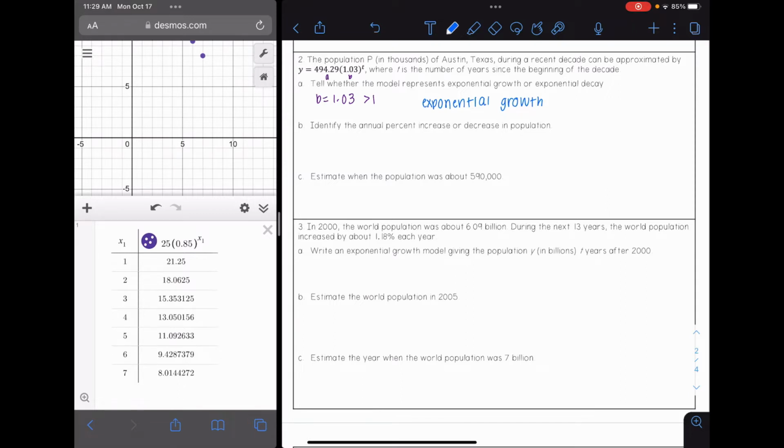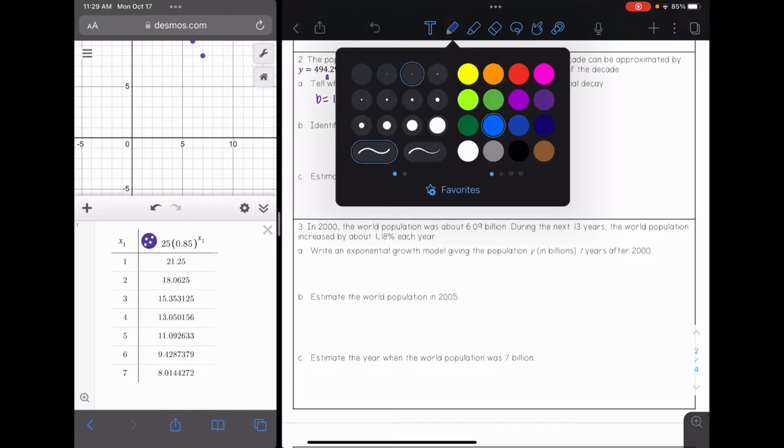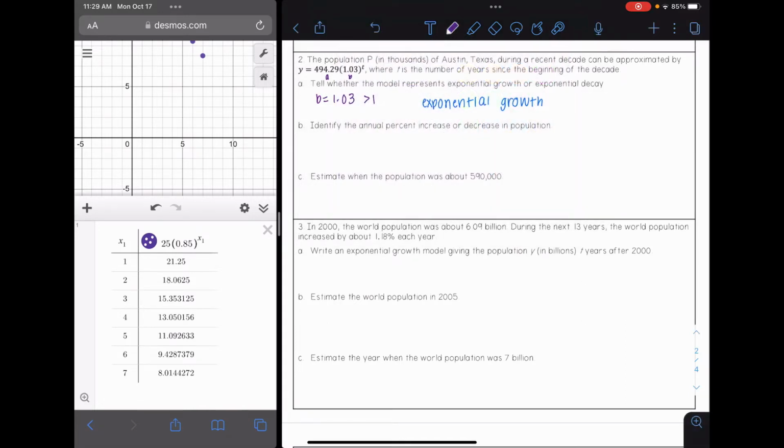Next, it says to identify the annual percent increase or decrease in the population. Well, I know this one's an increase since it's growth. And I know that b, which is 1.03, is equal to 1 plus r, since this is an exponential growth.